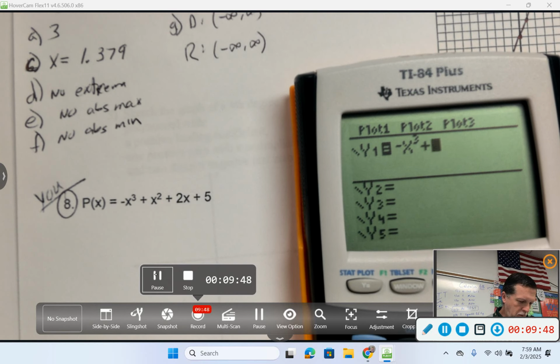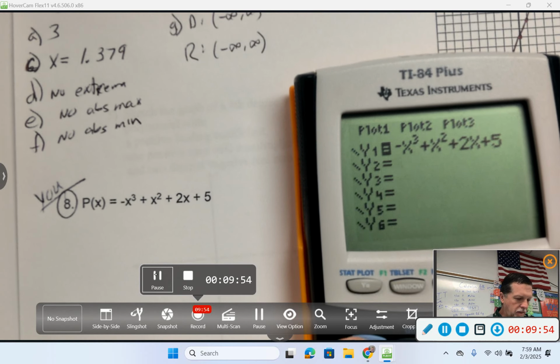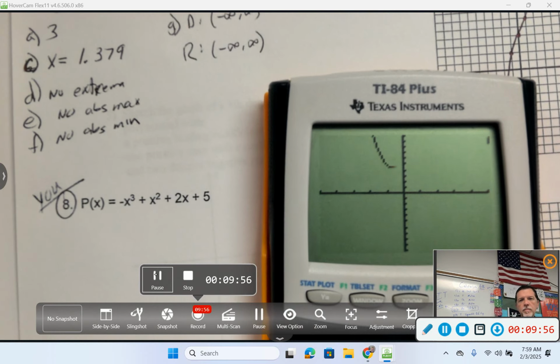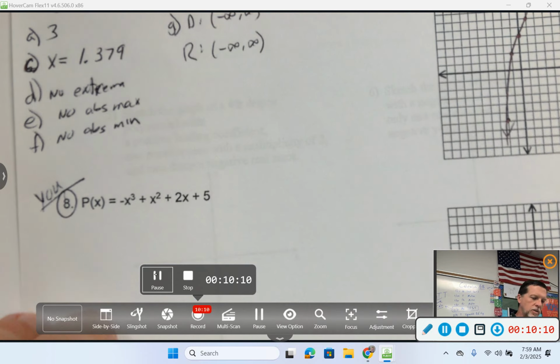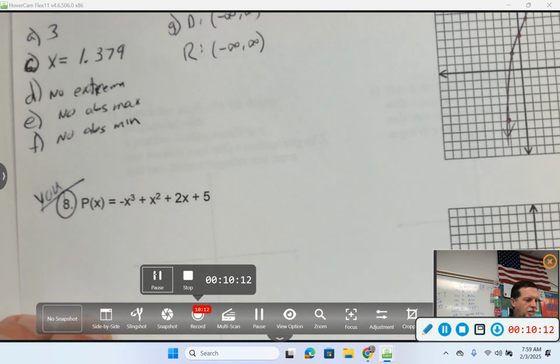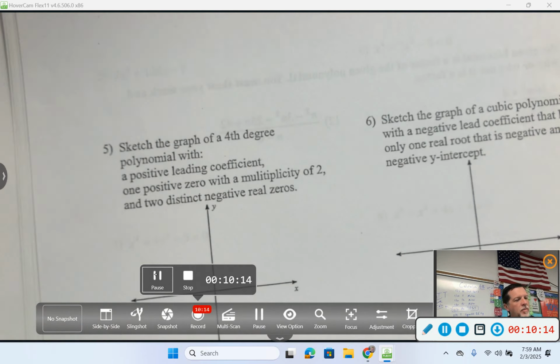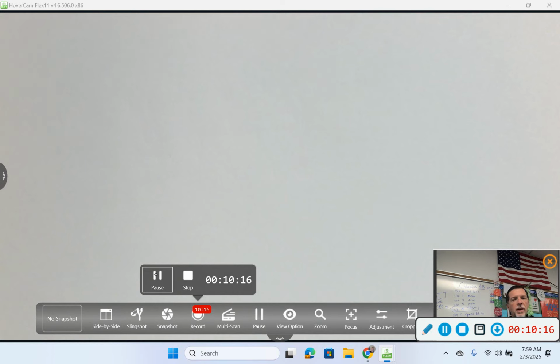Negative x cubed plus x squared plus 2x plus 5. Whoops. Okay, so that is a little different than either of the previous two. 1 real zero, but it's different than number 7 because it does have a local max and local min. So number 8 takes elements of 6 and 7. Okay, I'm glad you caught me on that.